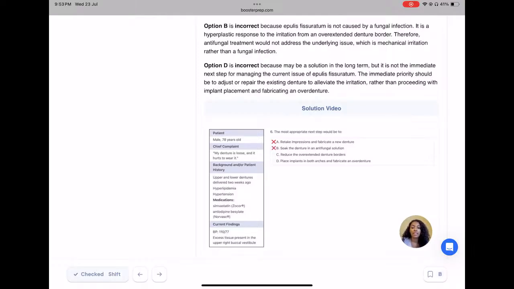So option D states, place implants in both arches and fabricate an overdenture.